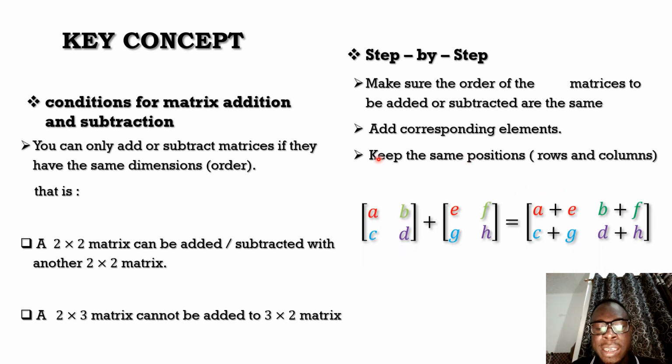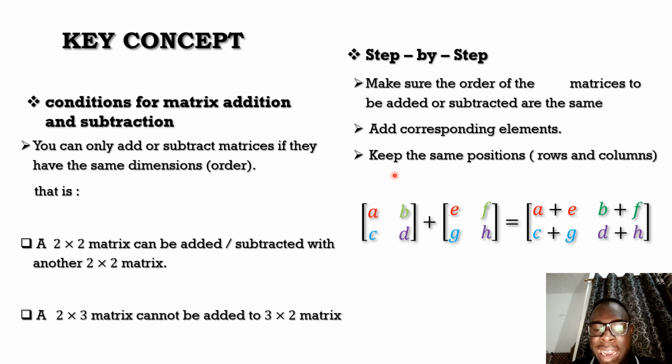So let's see the generalization example of addition and subtraction of matrices. You can see the letters A, B, C, and D. Each of these letters is identified with a unique color.